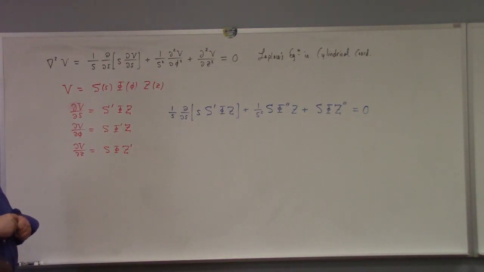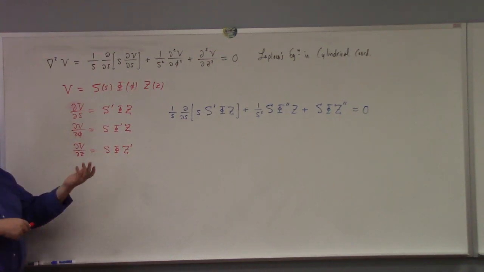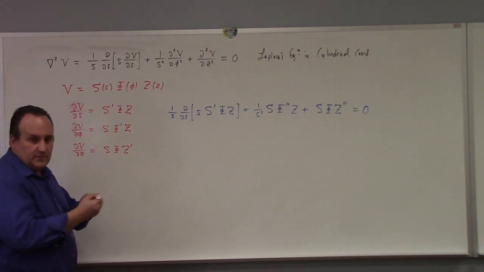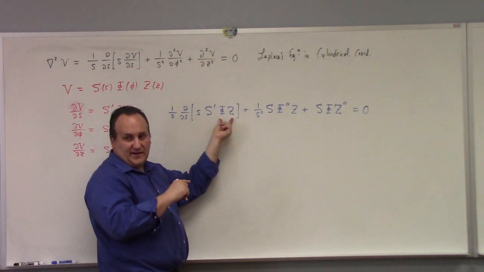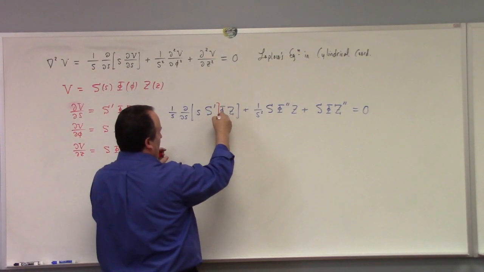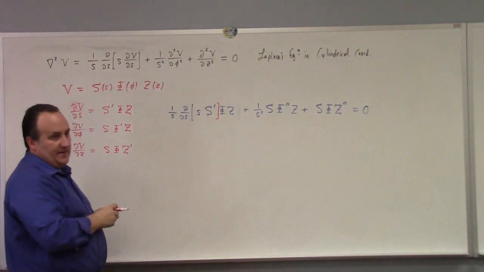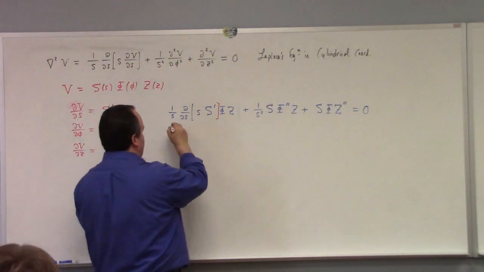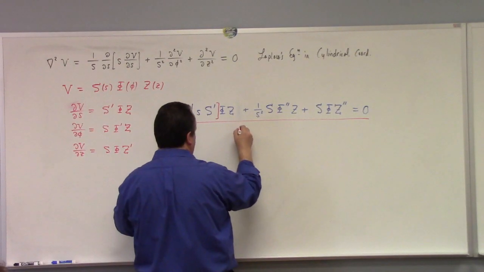I just point out to you that we can pull the Phi and the Z outside the s derivative, right? These two things are just functions of phi and z respectively. So there's no s derivative here. We can do this without any heartburn. And then what you do, divide this monstrosity by the whole solution.